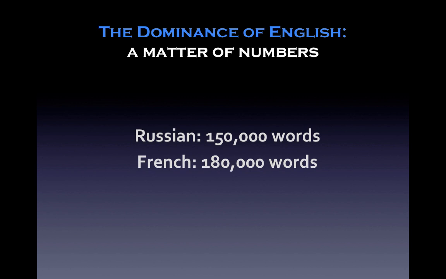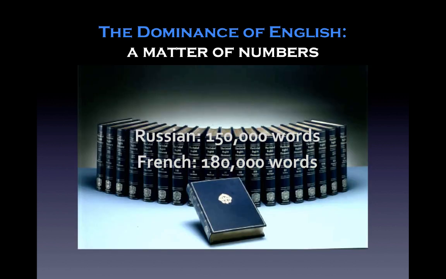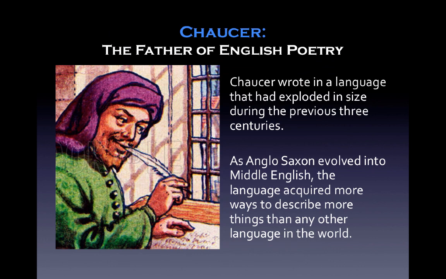But if you were to go to the latest edition of the largest English dictionary, the Oxford English Dictionary, you would find that English has over 616,000 words in it. English has more ways to say the same thing than any other language on the planet.